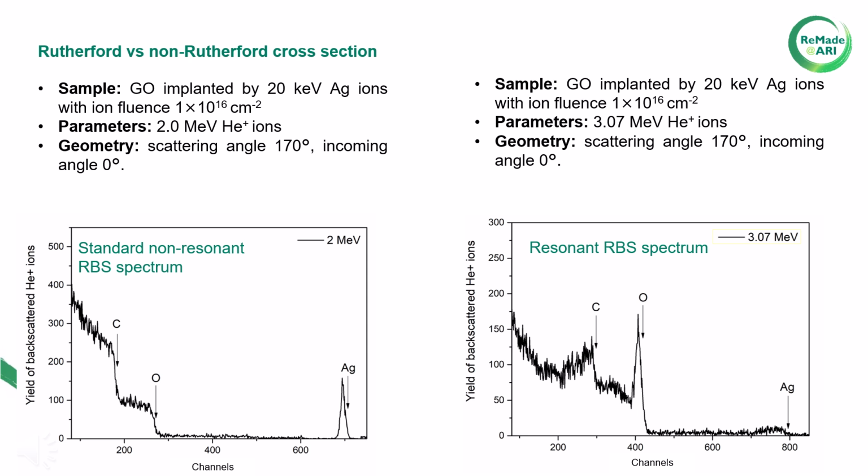Comparing the two spectra shows that analysis at 2 MeV provides only basic information, such as elemental composition and approximate atomic concentrations. For more detailed insight, a higher energy is needed. In this case, using 3.07 MeV gives much better spectral resolution, allowing reliable depth profiling, for example, of oxygen.